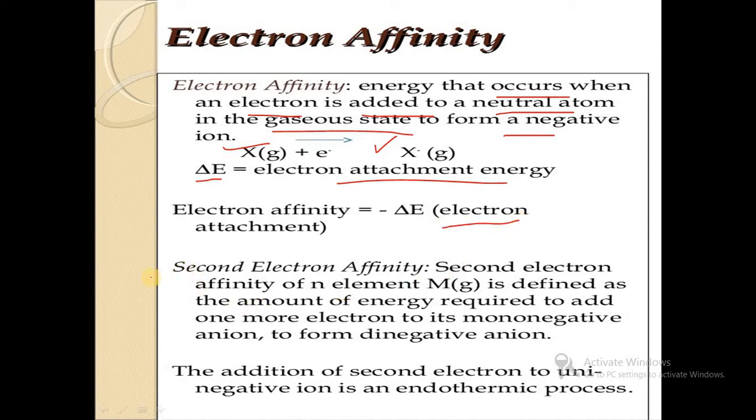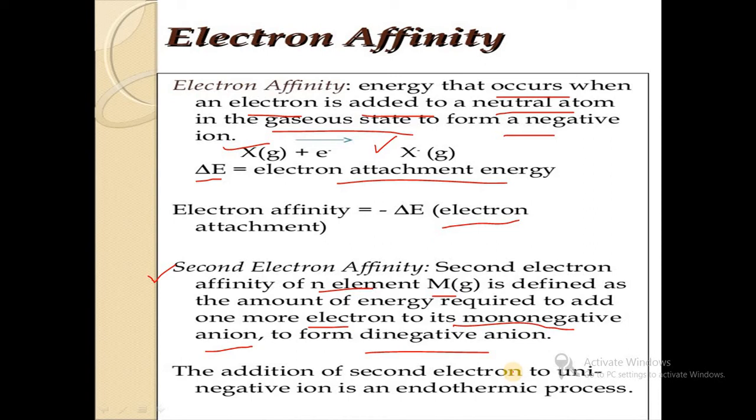Then, similarly, the second electron affinity of an element M is defined as the amount of energy required to add one more electron to its mononegative anion to form a dinegative anion, and this is a difficult process because one negative charge is already present there.